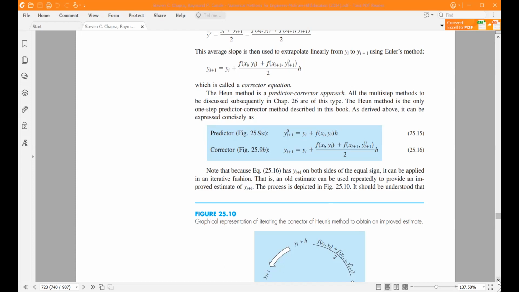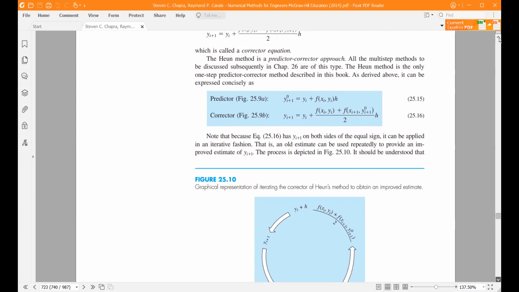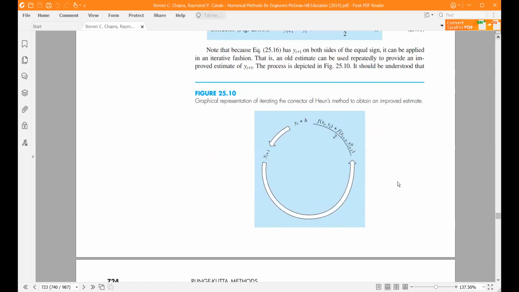But let me explain something more on top of it. What is there in your example? See, the equation takes an intermediate value and the next time step, isn't it? Yes, sir.